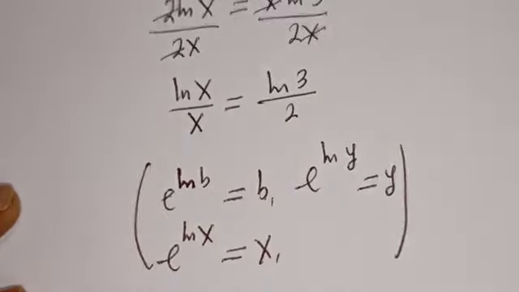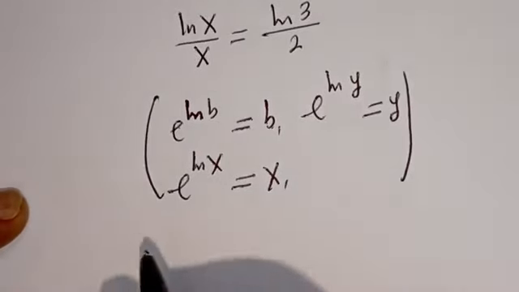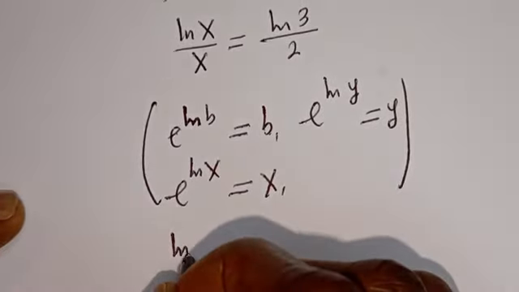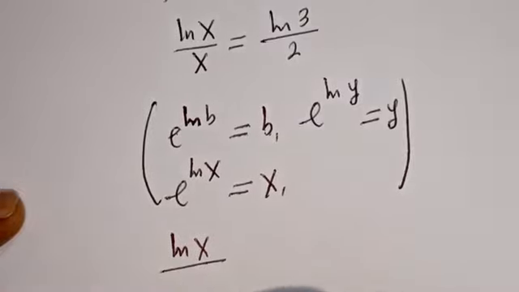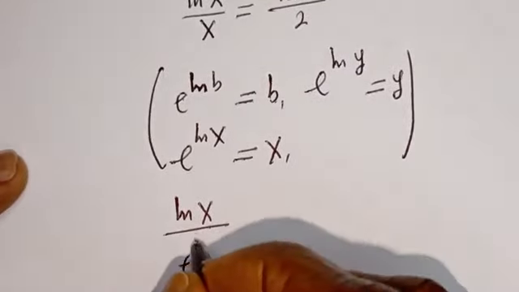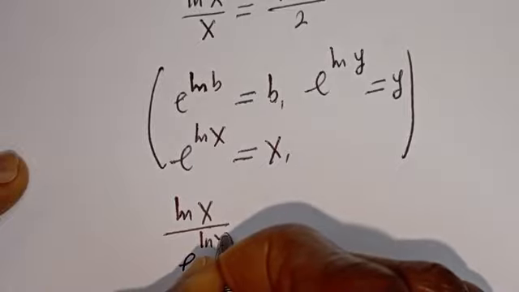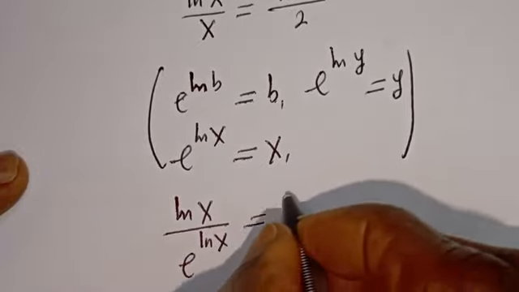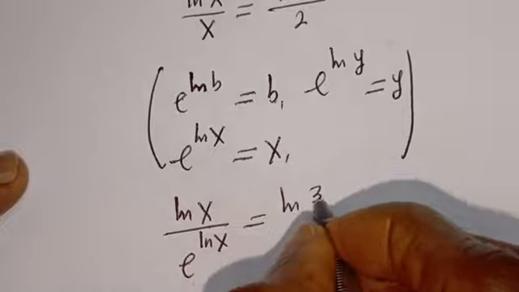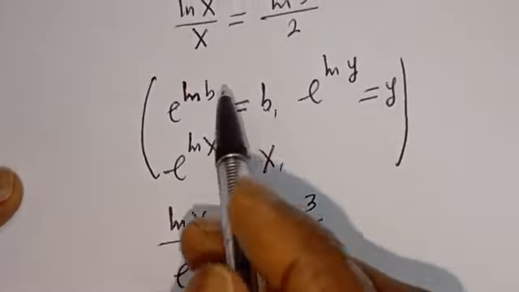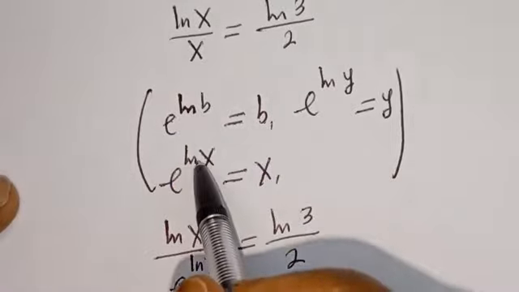Then this can be written as ln of x divided by e to the power of ln of x is equal to ln of 3 divided by 2. That is, anywhere you see x, here we put e to the power of ln of x.